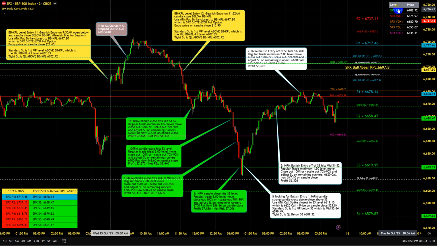And you will also have these PMH, PML, YDH, YDL, and YDC levels. These tables here that you see are optional and can be turned off by you if you do not wish to see the tables on the chart, because you do have the line labels.